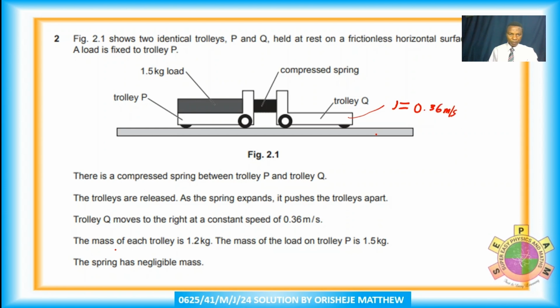The mass of each trolley is 1.2 kg. The mass of the load on trolley P is 1.5 kg. The spring has a negligible mass. So we have that information.